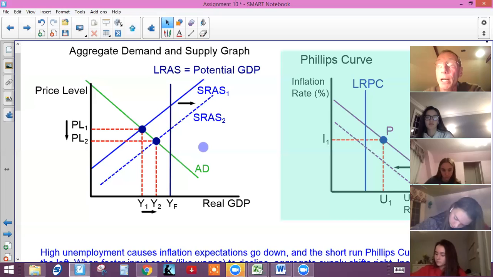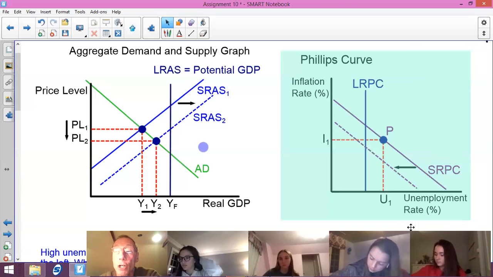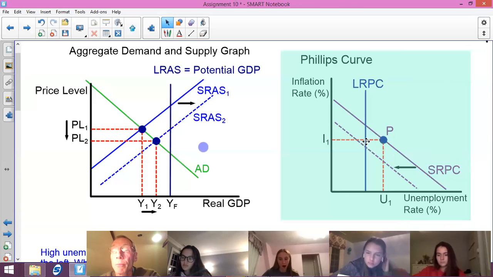This graph over here, which is why it's confusing, shows unemployment. So point P shows unemployment on the short run Phillips curve above where full employment is on the long run.